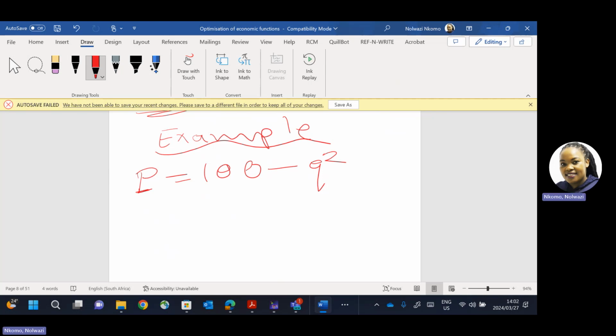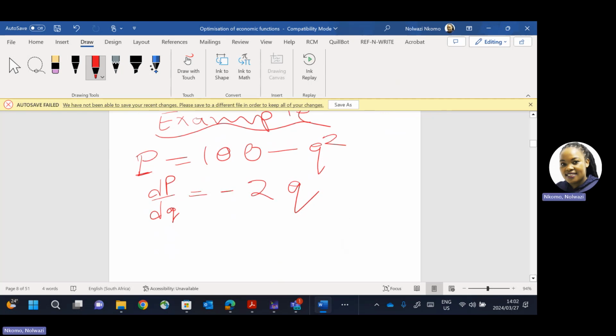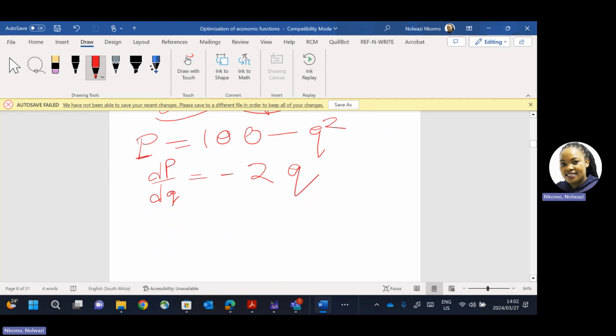So this means our derivative will be dP over dQ, which is minus 2Q, right? For a demand for a point quantity, this is the formula we use: E equals dQ over dP times P over Q. But the function is given in this form, and this is the derivative we obtain.